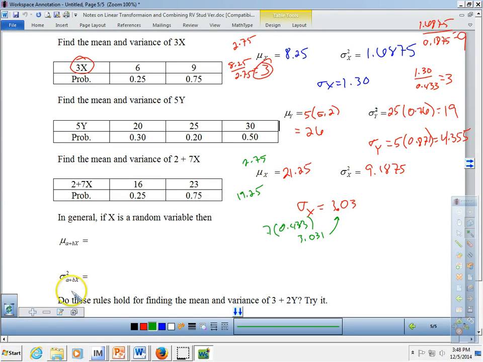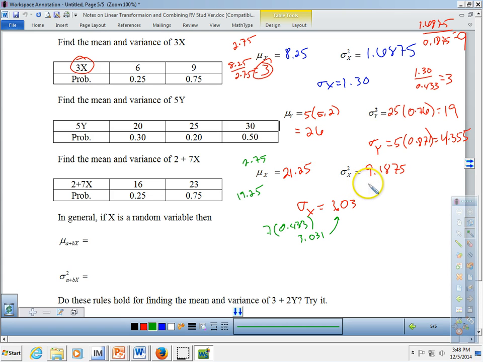So that means that our measure of spread, our standard deviation, must not be affected by adding 2, which again is the same rule for our regular variables. Multiplication affects spread, but addition does not. Multiplication and addition affect center.